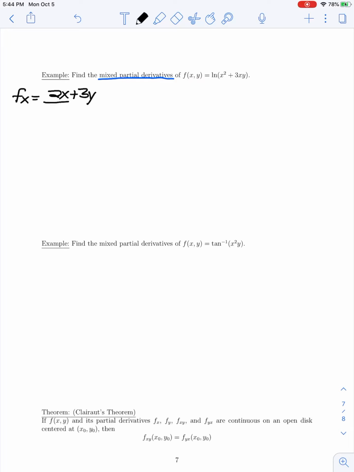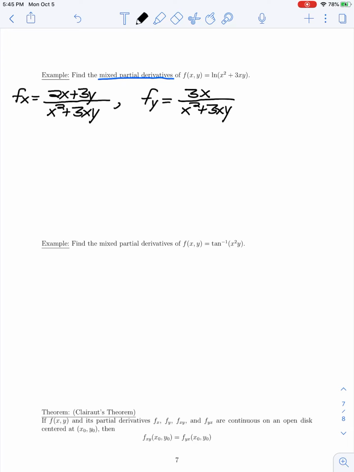So that is the derivative of the inside function divided by the inside function. And the partial derivative of f with respect to y would be given by 3x over x squared plus 3xy. Again, the derivative of the inner function with respect to y divided by that inner function.